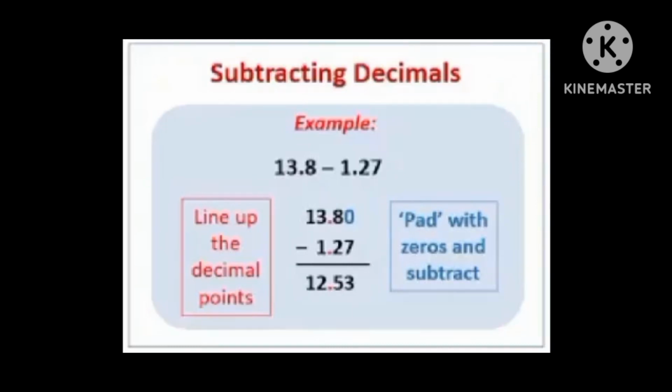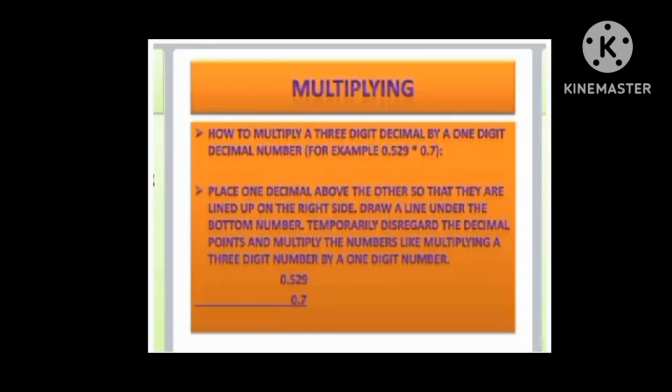Subtracting decimals example: 13.8 minus 1.27. Line up the decimal points. 13.8, add zeros and subtract. Minus 1.27 equals 12.53.